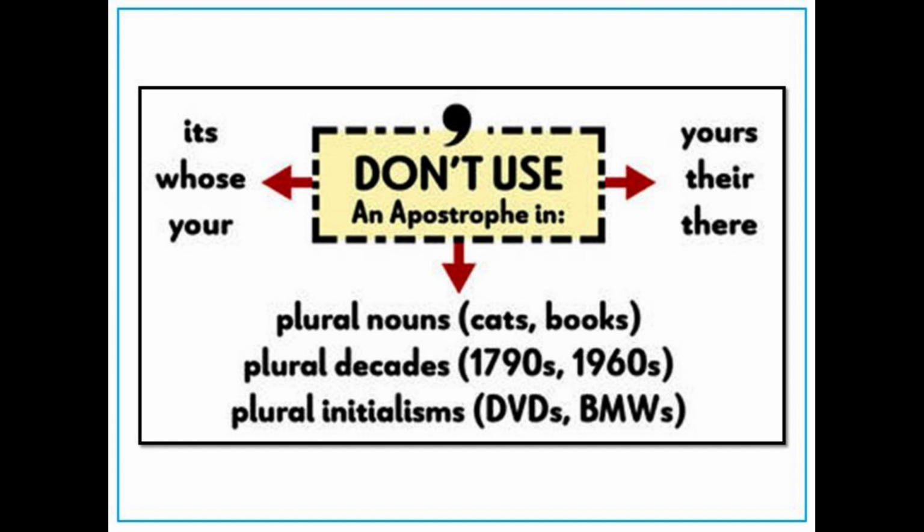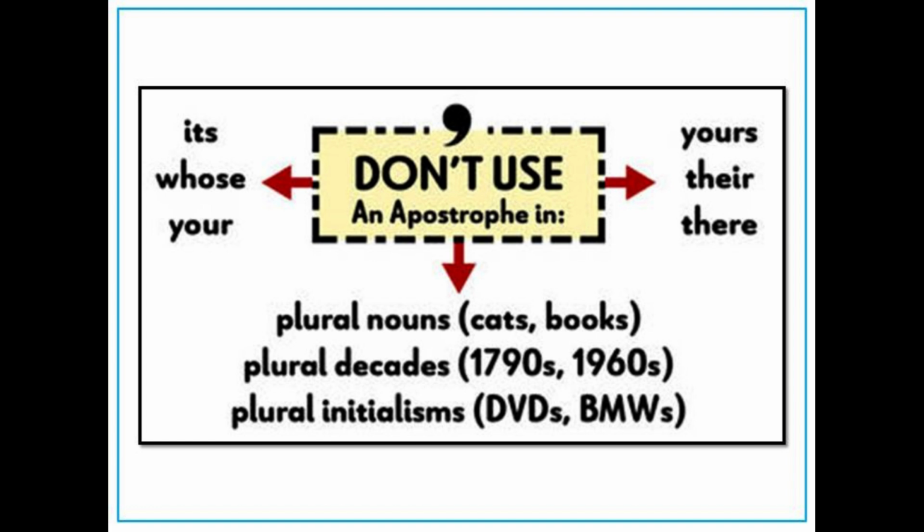Similarly, we do not write apostrophes when we are talking about plural nouns. When we are simply talking about more than one cat, we will not use an apostrophe. Similarly, when we are talking about decades, we will not use an apostrophe because we are treating them as plural years.